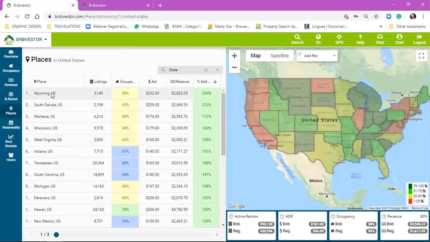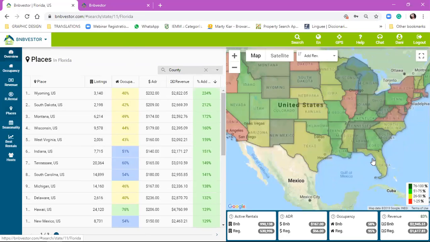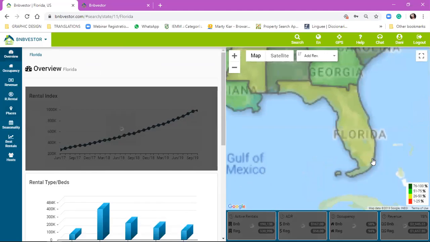So now we have Wyoming, South Dakota, Montana, and Wisconsin as the top states with the highest additional revenue. Now we can also change this into county, city, and zip code. But first, since we're right now located in Florida, Orlando, and Tampa, I'm going to click on Florida so we can actually analyze the areas in this state.